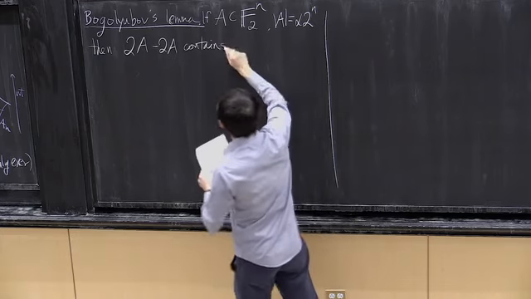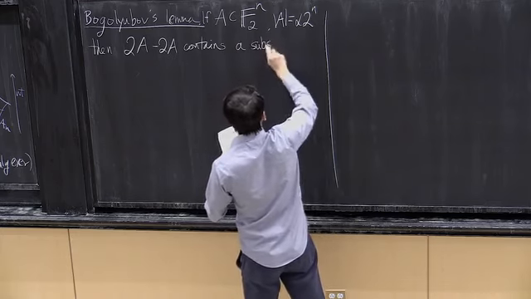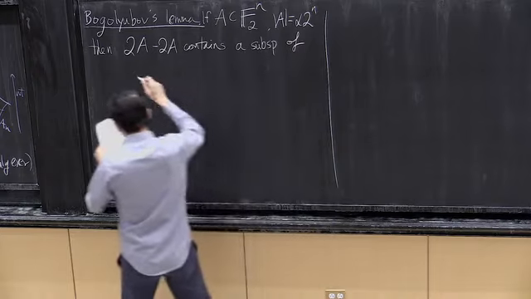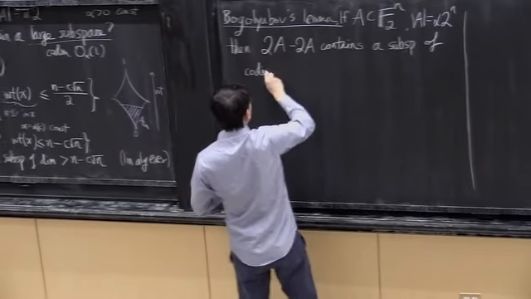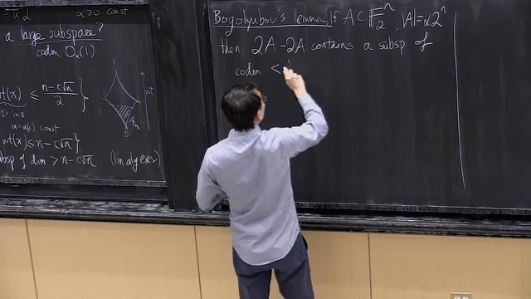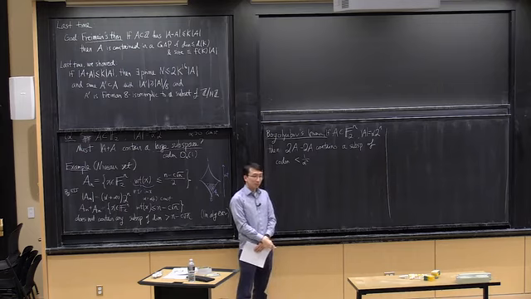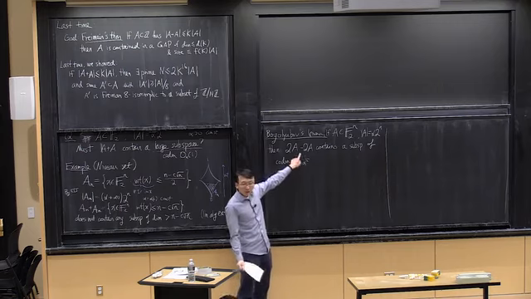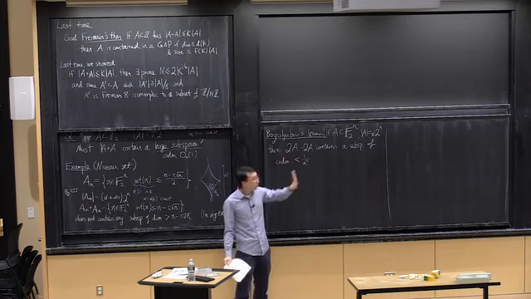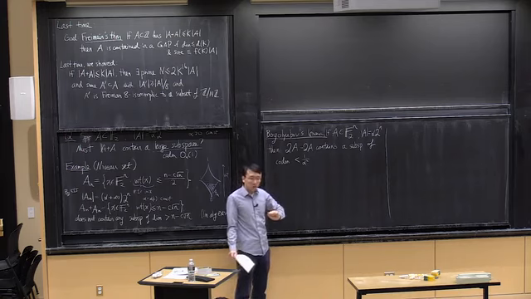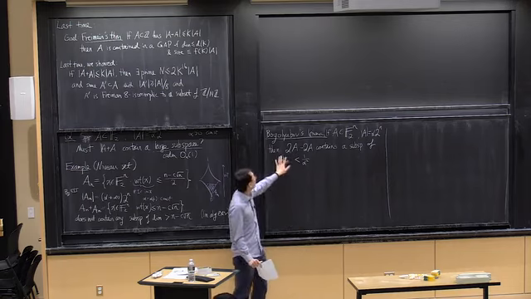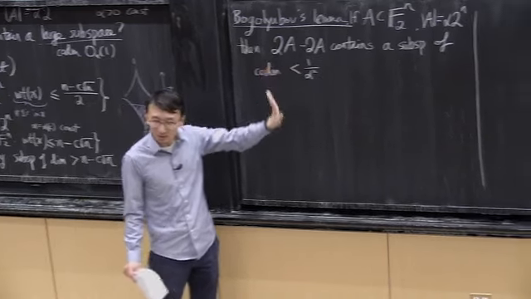So 2A minus 2A contains a subspace of codimension less than 1 over alpha squared. Here I write 2A minus 2A, even though we're in F2, so this is the same as 4A. But in general, and you'll see later on when we do it in integers, 2A minus 2A is the right expression to look at. It's something that works in every group, but for F2 to the n, this is the same as 4A.